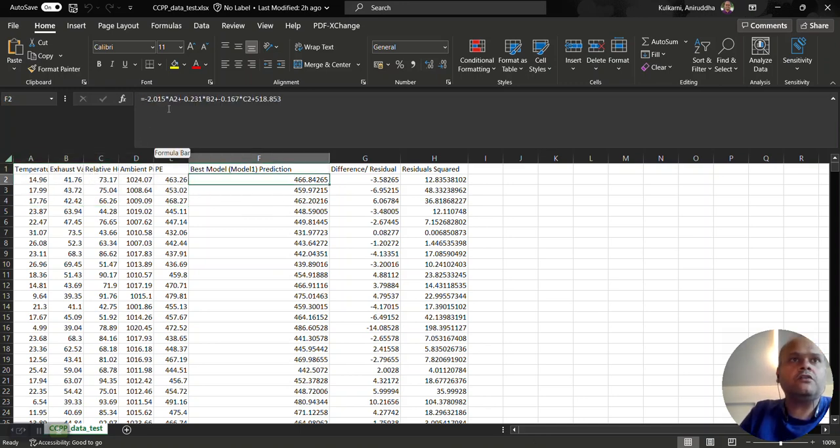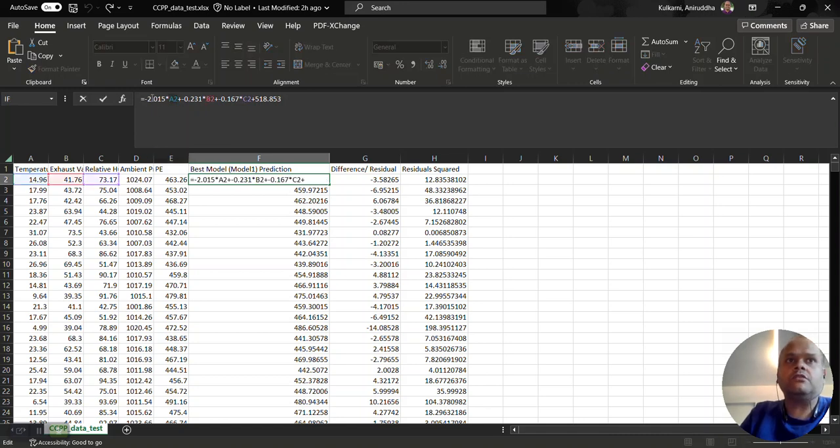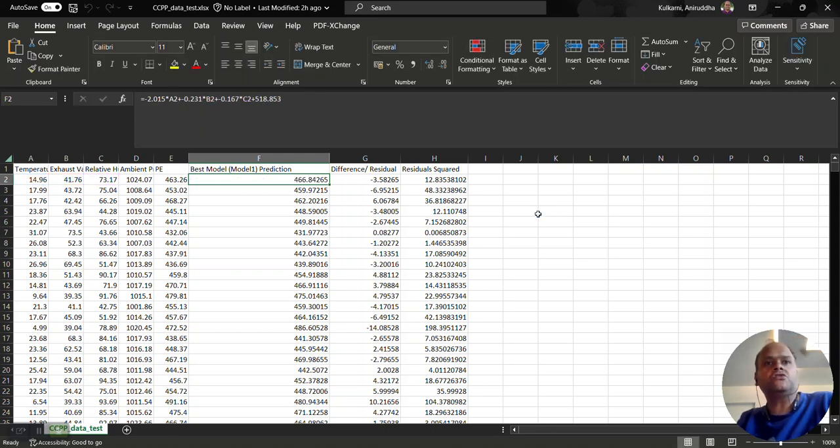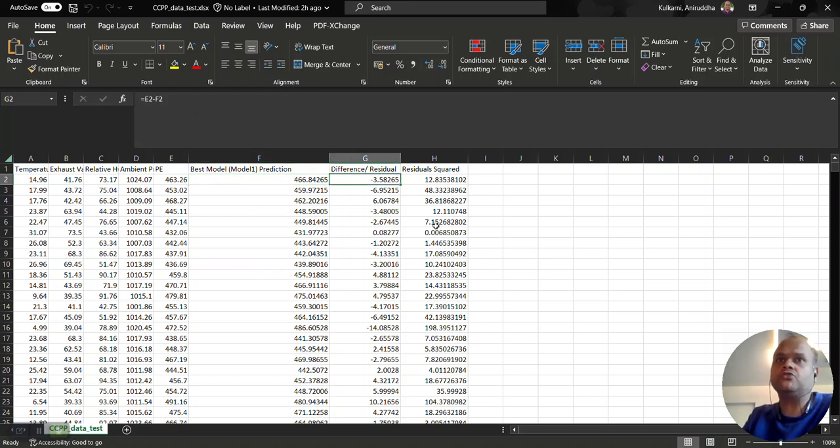So the formula, of course, is taking into account the updated coefficient values that we got from the previous step and the updated constant value, of course. And based on this, these are the model's predictions. And compare that with the actual data from this test data set. These are the residual values that we get.